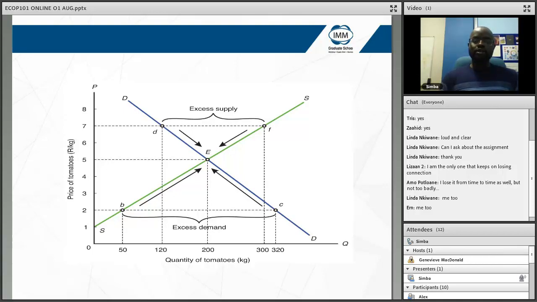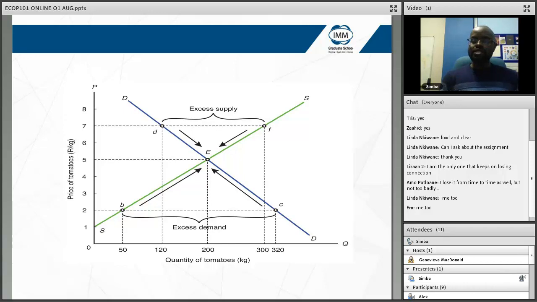Whenever you have a market surplus, it is going to put a downward pressure on price. As the price decreases, the quantity demanded is going to increase, whilst the quantity supplied will start to decrease. Eventually, we reach equilibrium. We are now in a state of rest. All right, so this is when the market forces are operating.